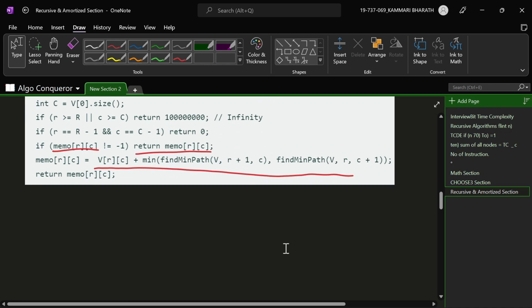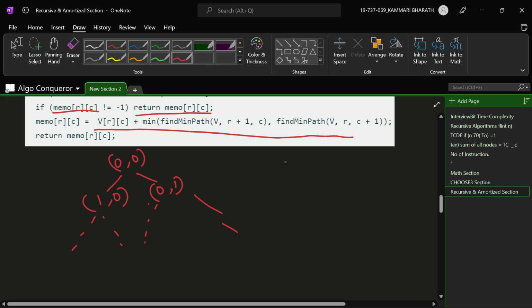Now initially we are starting with 0, 0. We'll call 1 comma 0 and 0 comma 1 and so on, right?